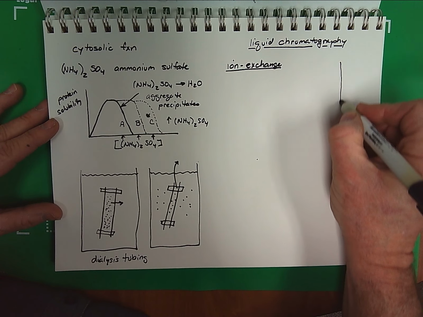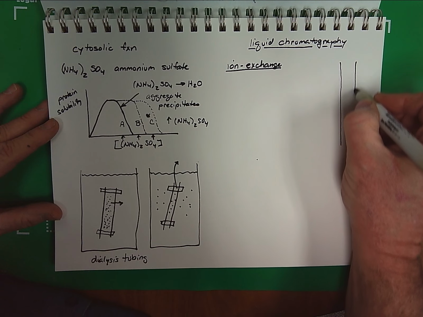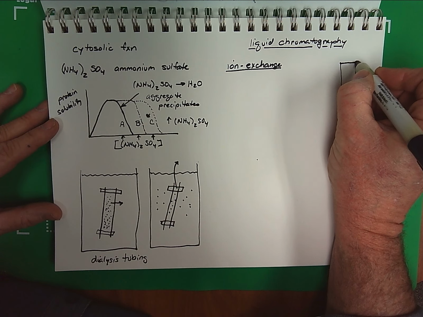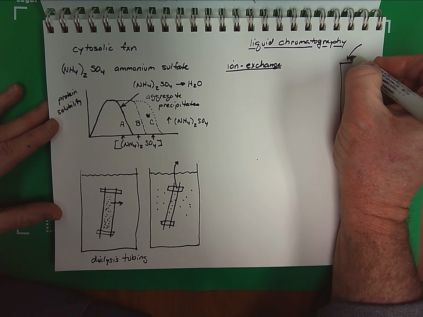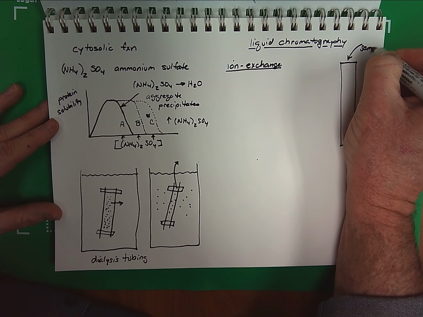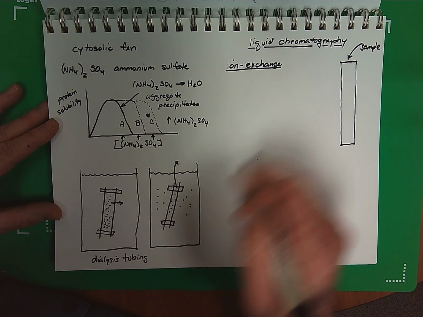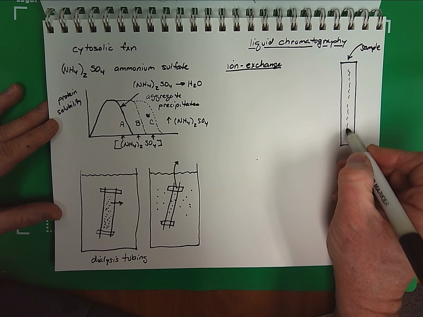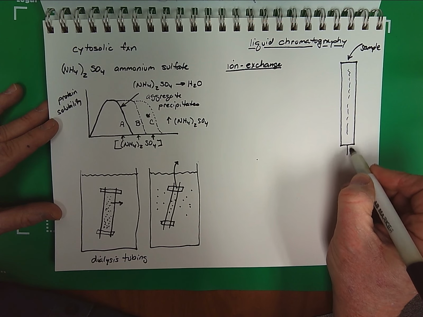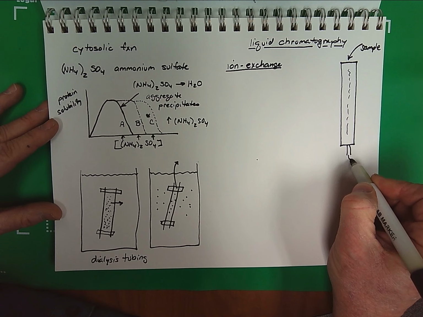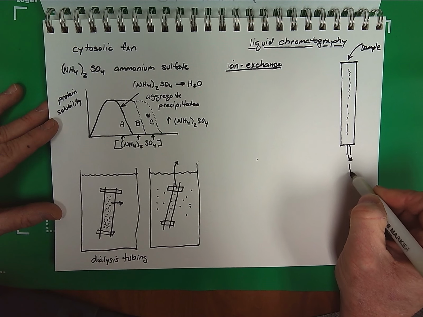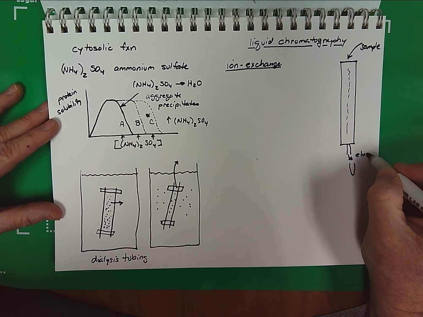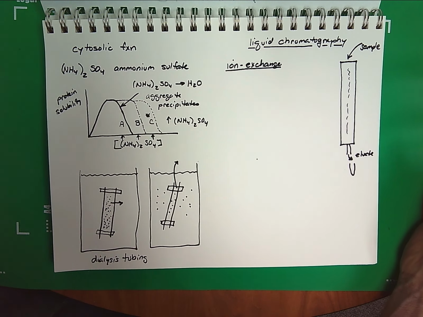Chromatography is typically done in tubes, long glass tubes. You add the sample from the top. The sample percolates through the column and then elutes out the bottom, and you collect it in a tube. And this is called the eluate.